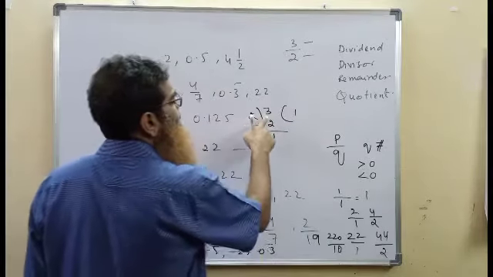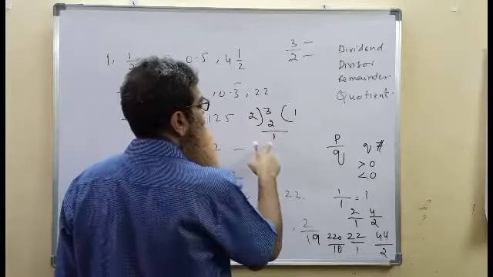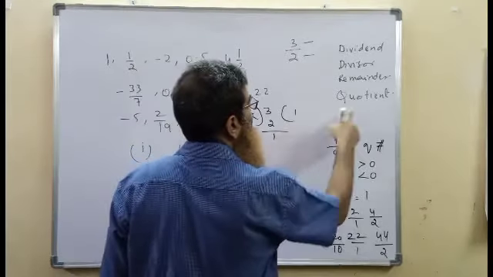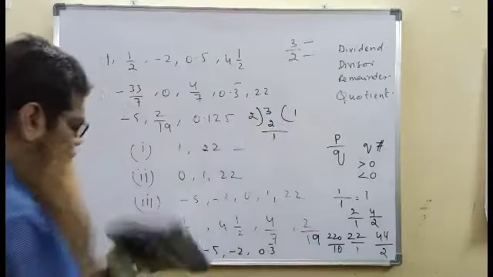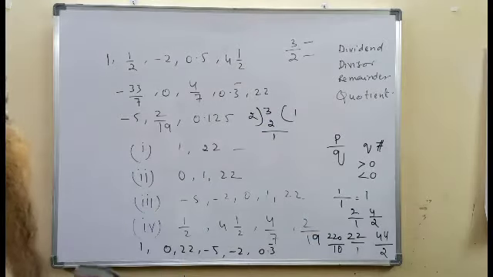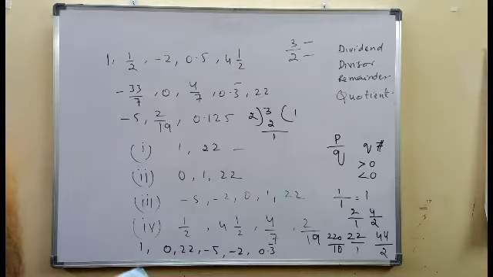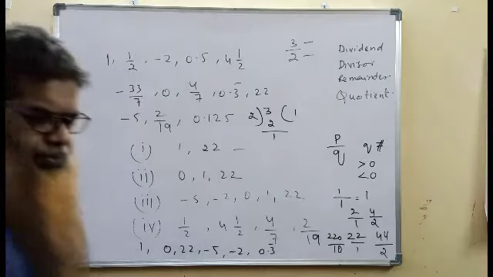So 3 is the dividend, 2 is the divisor, 1 is the remainder, and 1 is the quotient. Where we get a quotient, rational numbers are also called quotient numbers.